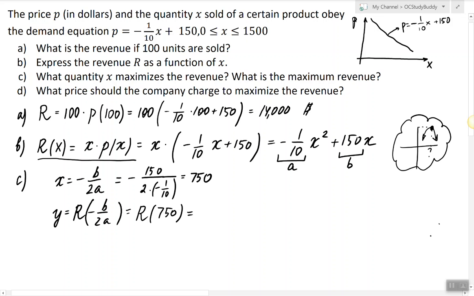We use the definition of r to find r of 750. So it's going to be negative 1/10 times 750 squared plus 150 times 750. So we have to compute this. I'm just going to factor out 750.